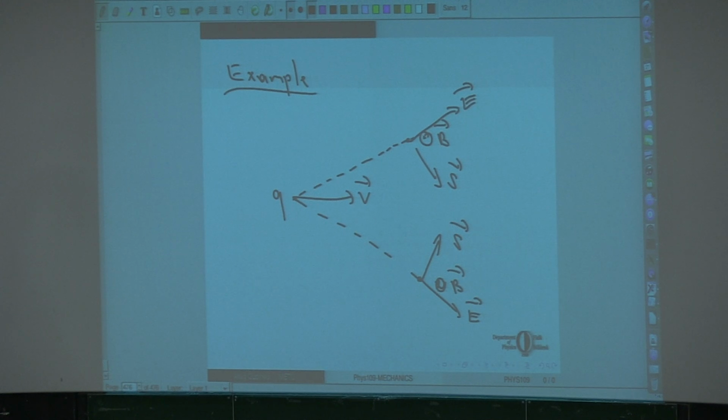Does this make sense? You see, here, E cross B, this is the direction of the flow. At this point, this is E cross B, this is the direction of the flow. Does this make sense? Why not? Why?